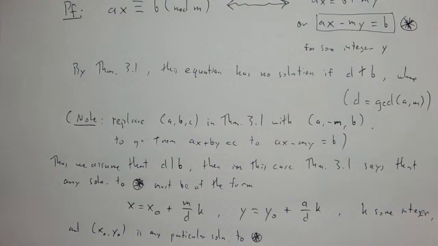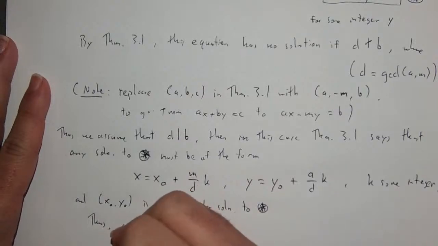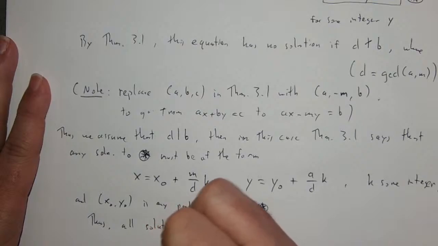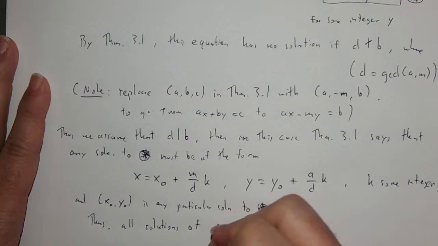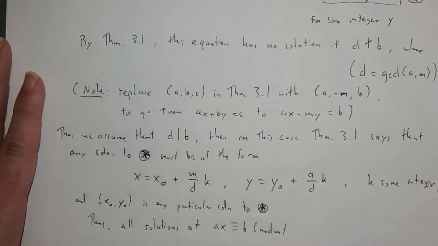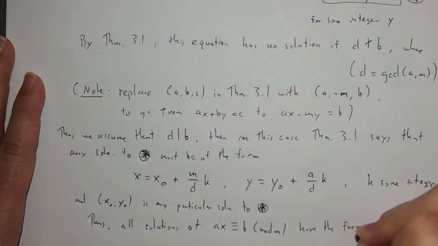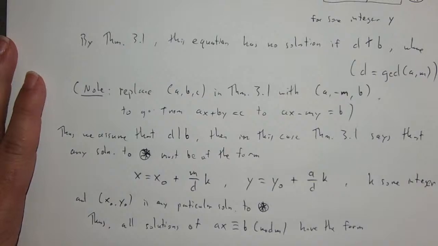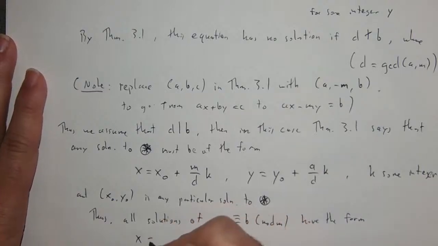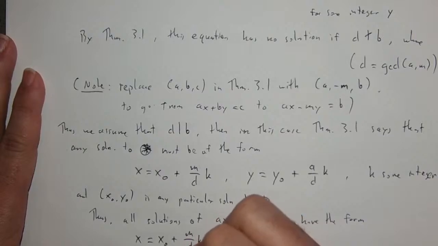All right. So, thus, all solutions of the congruence AX is congruent to B mod M have the form X is equal to x naught plus m over d k.